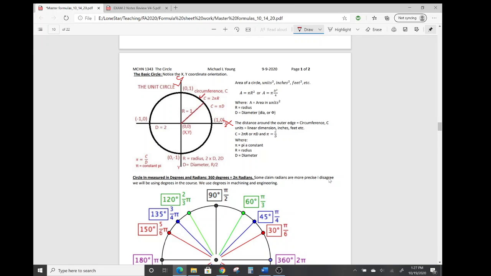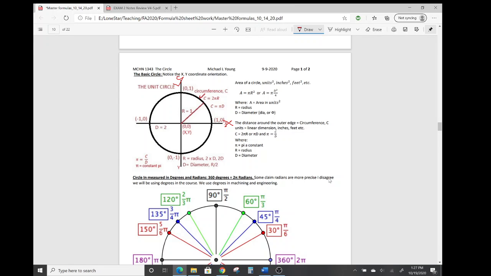If this was a conventional milling machine, the vertical would be Z and the horizontal would be X, and the in and out would be Y. So you can arrange these around. But the conventional two-dimensional is X and Y. And our coordinate system is always X, Y, and Z.